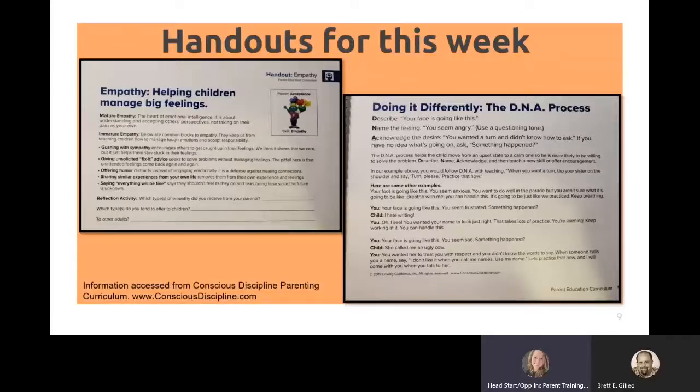And then on the right, that reiterates that DNA process that we were talking about. Once you go through that, that's when you can get to that stuff that Brett was talking about, next time, try this. It really becomes an opportunity to learn.